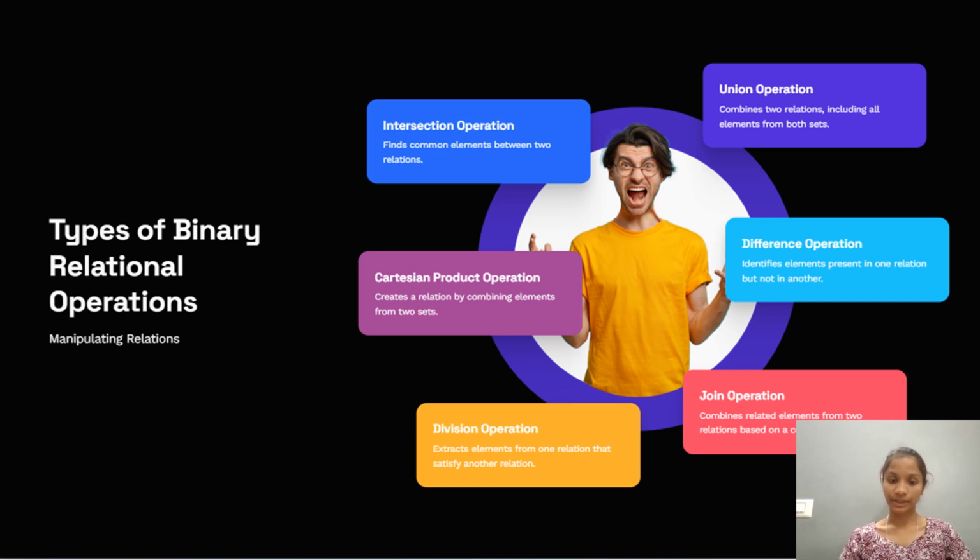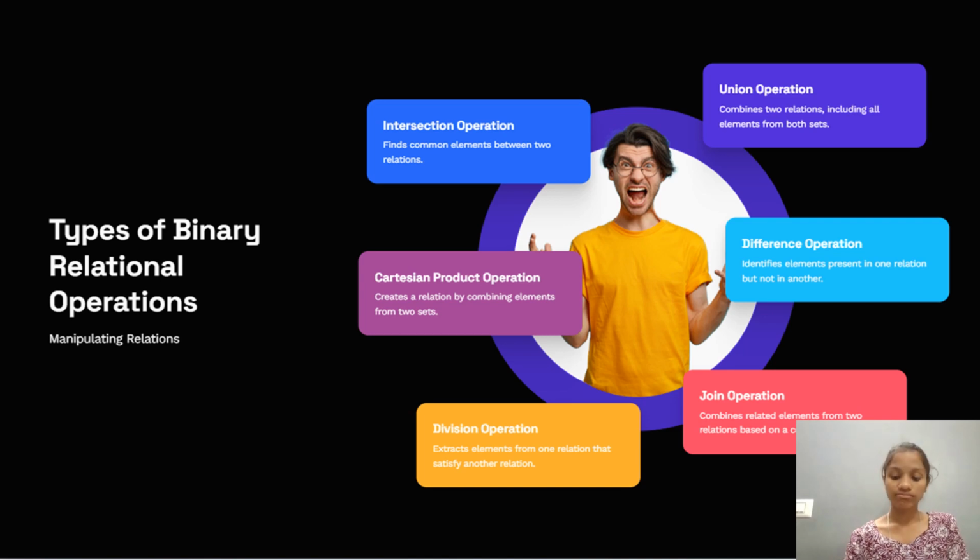So many types are there. We'll look into the types in later slides. Next, division operation. Then the Cartesian product operation. As I said before, all values from both tables are called the Cartesian product operation. It creates a relation by combining the elements from two sets. So when combining both the sets, it will create a relation.